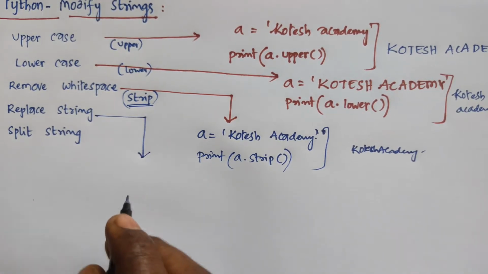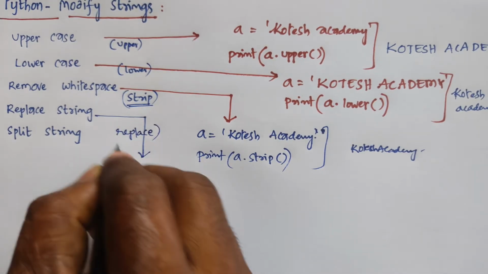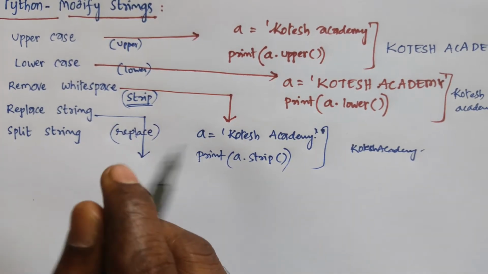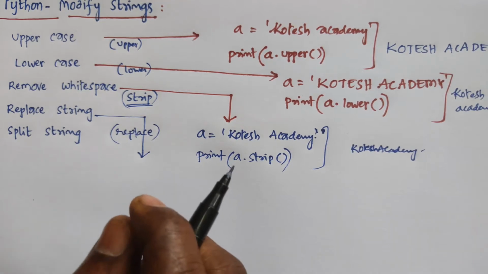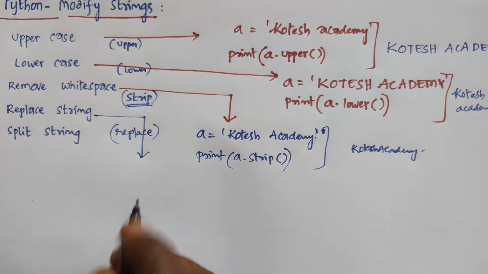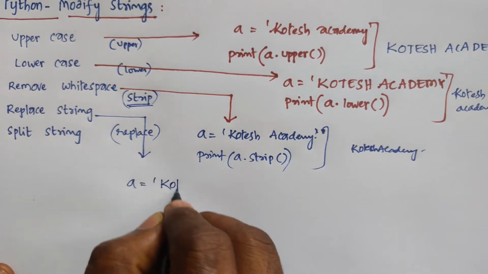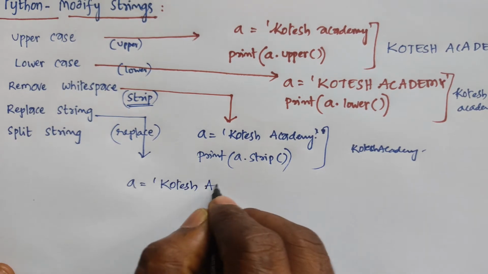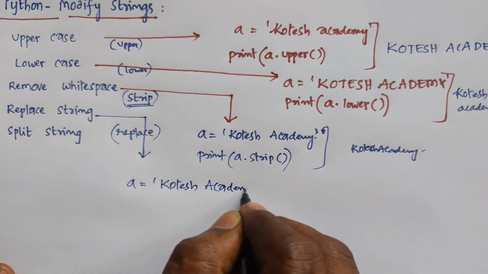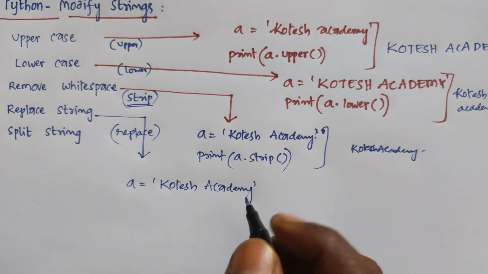Next one is replace string. The built-in function is replace. The replace method replaces a string with another string. For example, now I write a is equal to quotation academy.